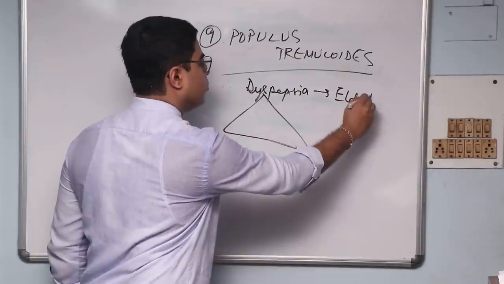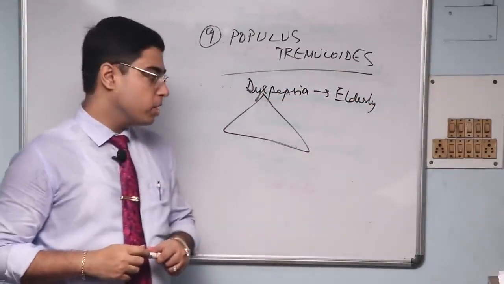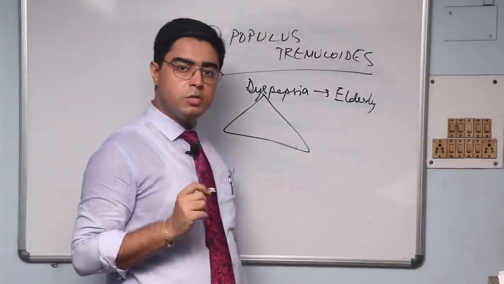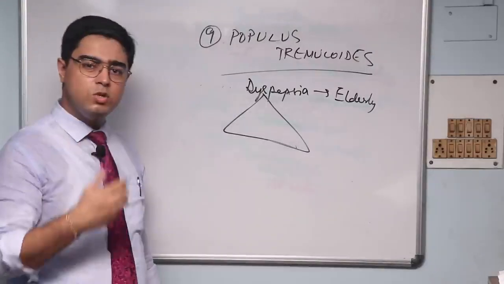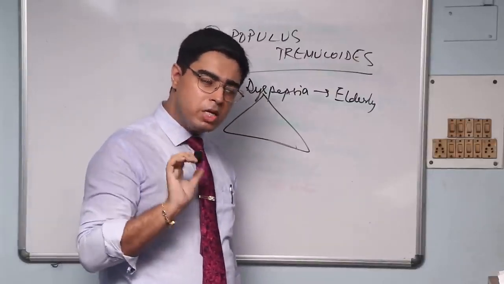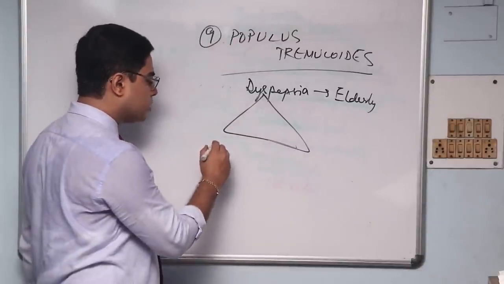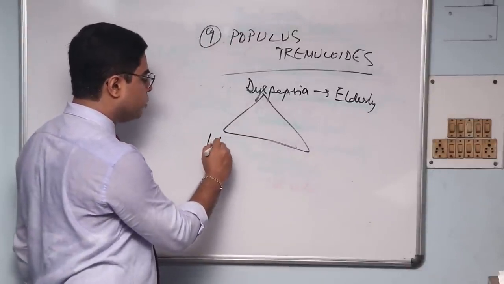So elderly people who come across with dyspepsia, that is important for prescribing populus trem. And along with that dyspepsia, you can find it's more like burning, it's reflux, but the common factor for prescribing populus trem is the combination of symptoms. With the dyspepsia with populus trem, you can find what is interesting is it's a medicine for UTI as well.